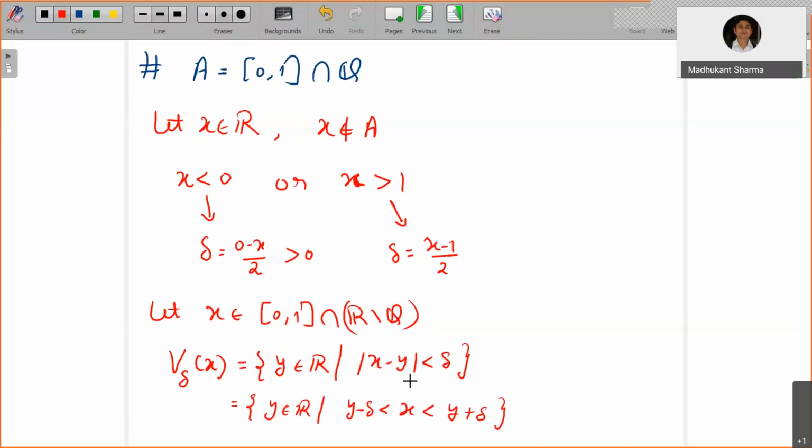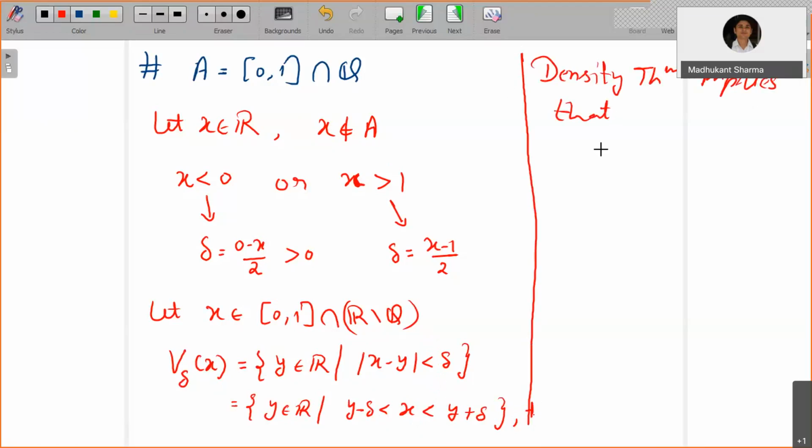Now the density theorem tells you that between every two real numbers there is always a rational number. So the density theorem implies that V_delta of x intersected with A minus the singleton x is non-empty.